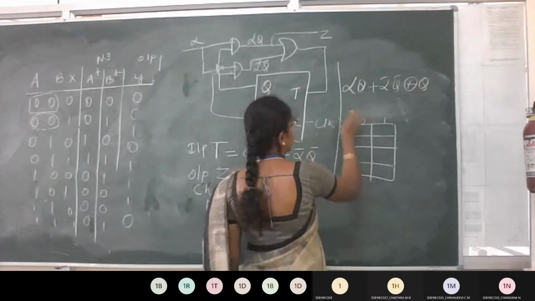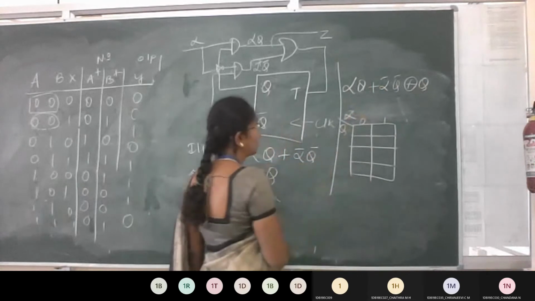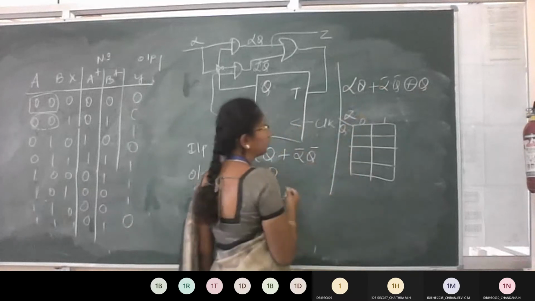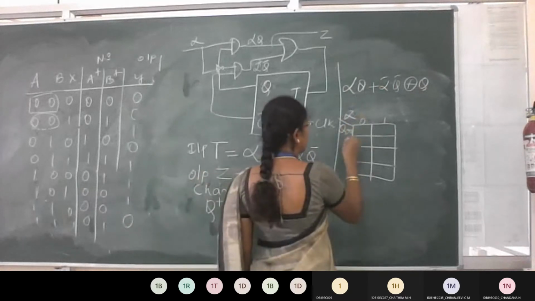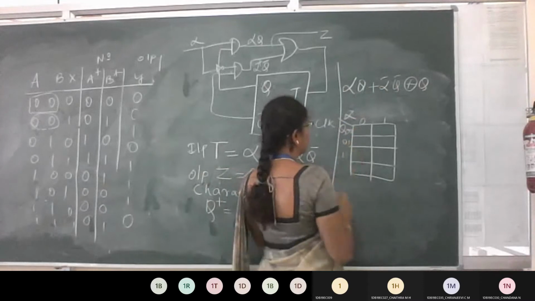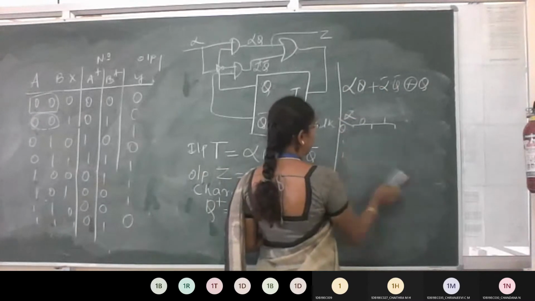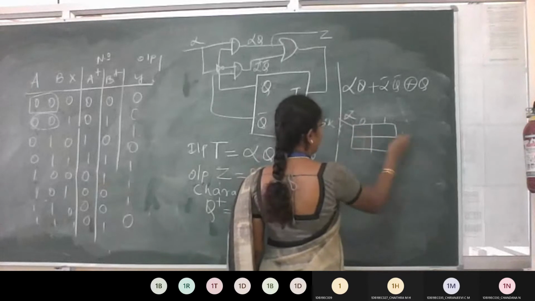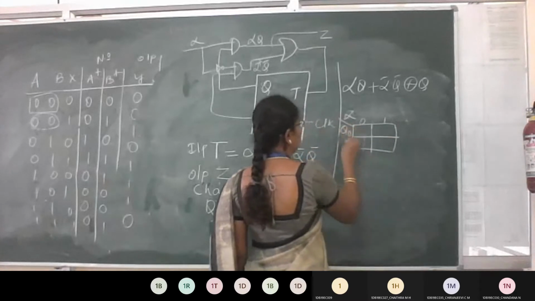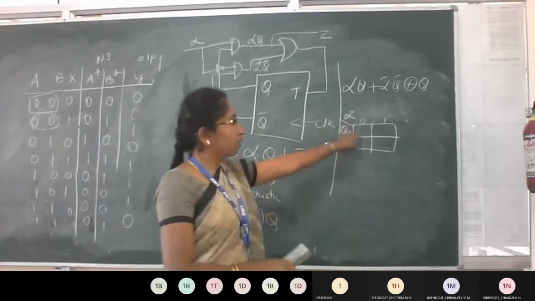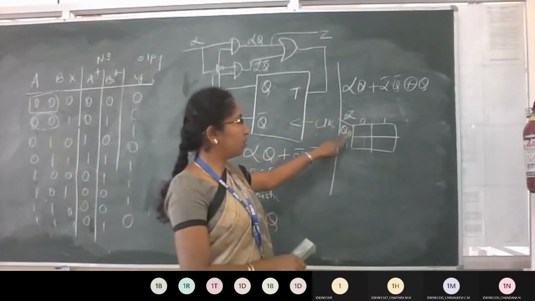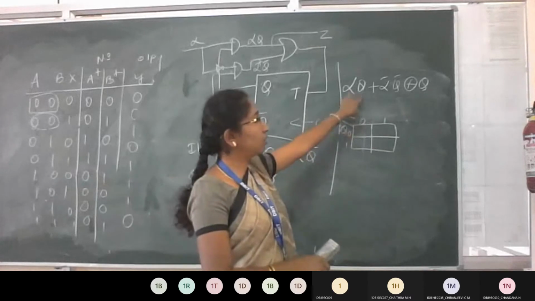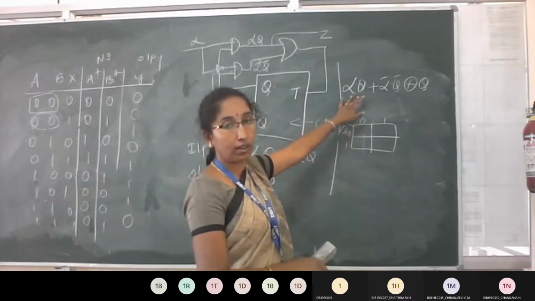So it is alpha, not X. Here it is just one flip-flop, so you will get 4 cells, alpha and Q. Alpha is nothing but the input. So Q is 0, 1, and when alpha is 0, Q is 0. This is Q and this is alpha. Just substitute alpha 0 and Q 0 in this expression. So what will you get?